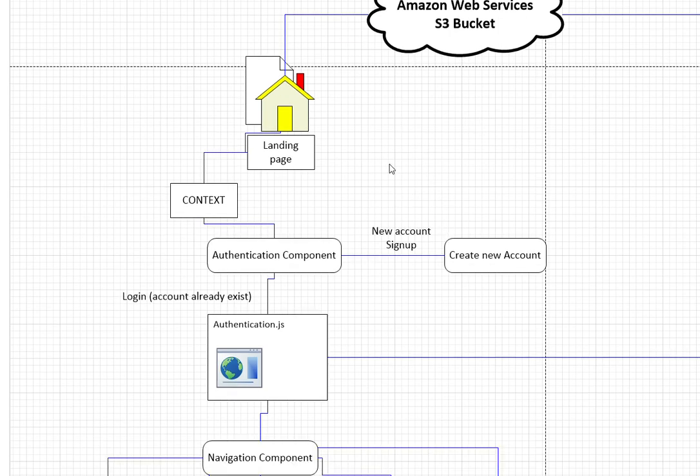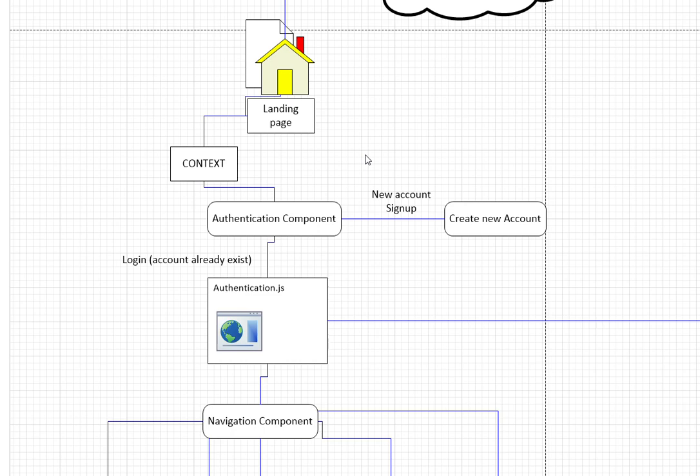When you enter the URL into the browser, the application initially shows you a landing page that has an image and a navigation bar component. But that navigation bar only shows you a welcome message and a login or sign up link.